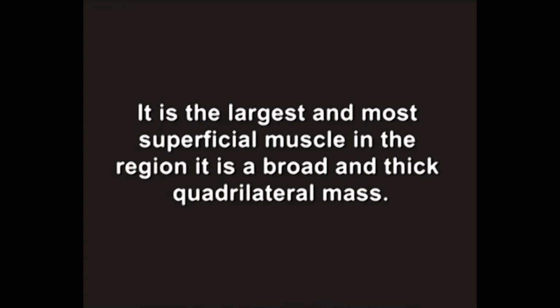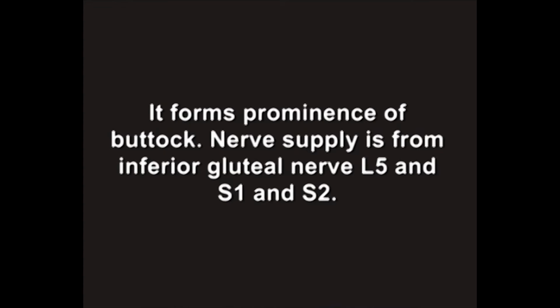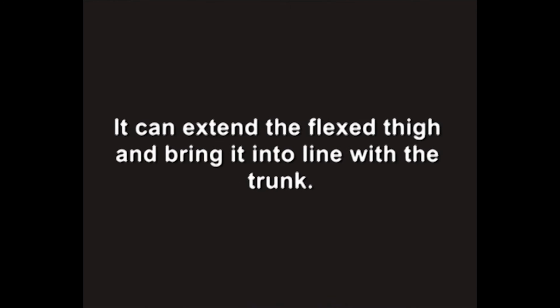It is a broad and thick quadrilateral mass. It forms prominence of buttock. Nerve supply is from inferior gluteal nerve L5, S1 and S2. It can extend the flexed thigh and bring it into line with the trunk.